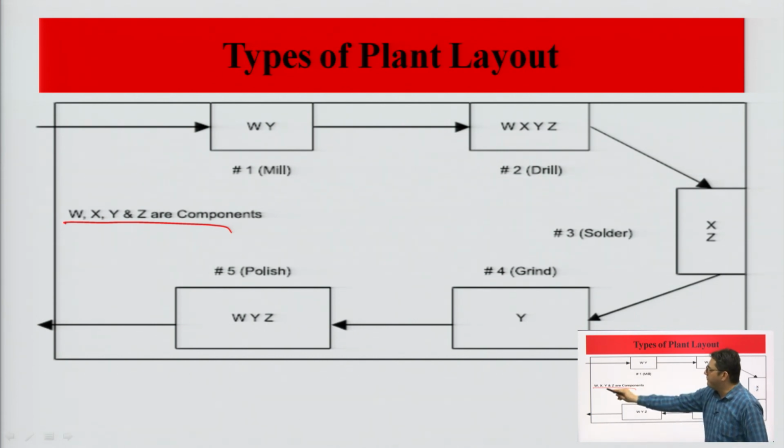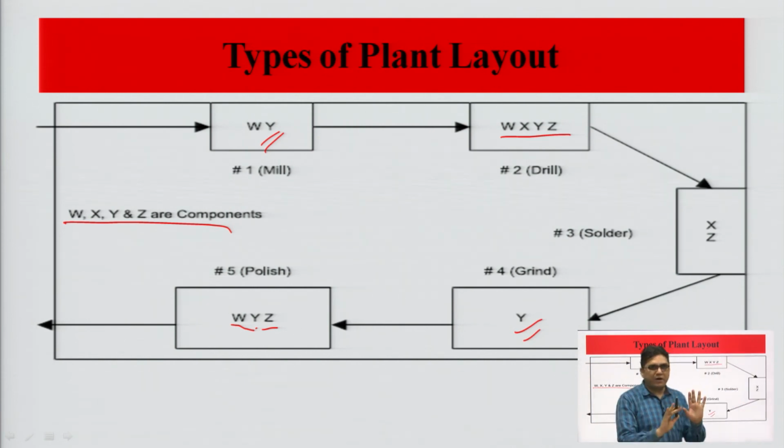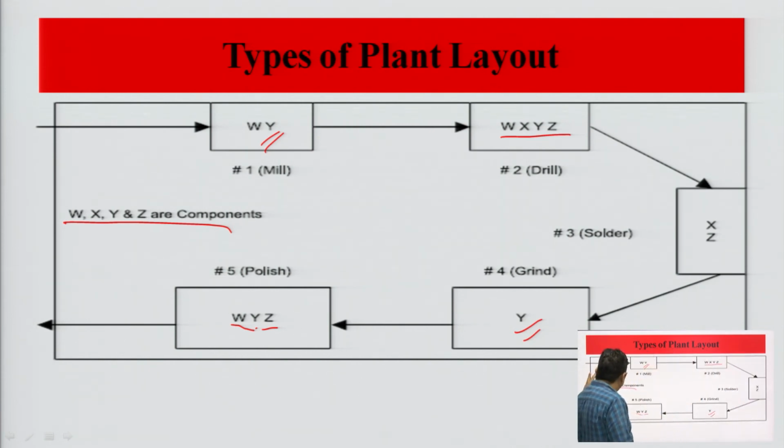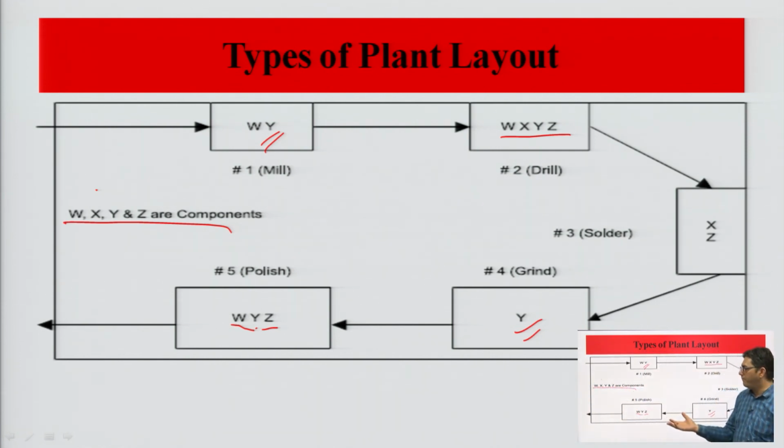At one place we have taken w and x, here we have taken w, x, y and z, here we have taken w, y and z, and here only y. Out of these 4 components, multiple groups are being made, and out of these groups these locations have been made.